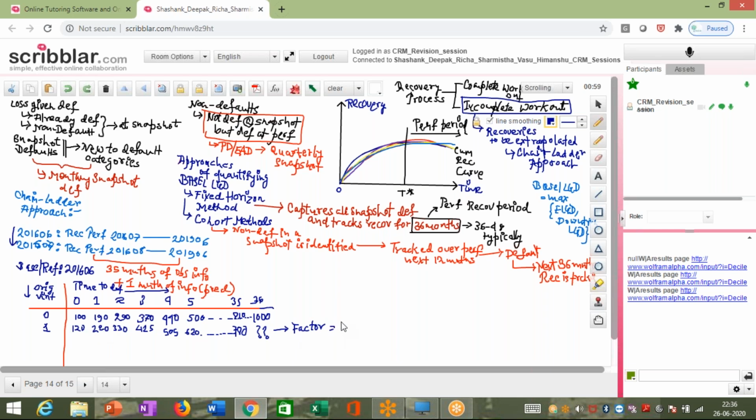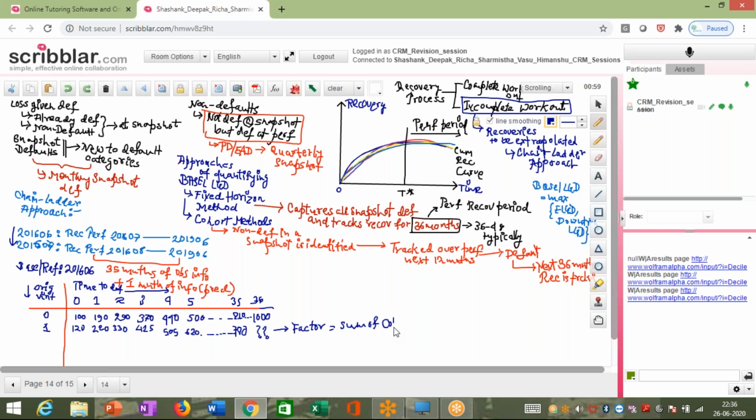Right. So sum of column 35 divided by column 36.